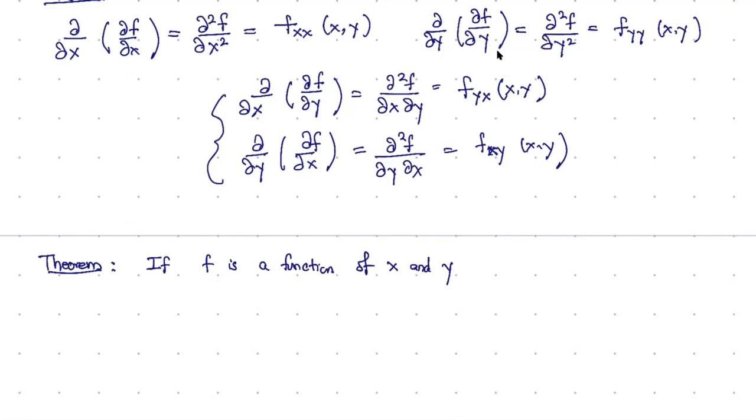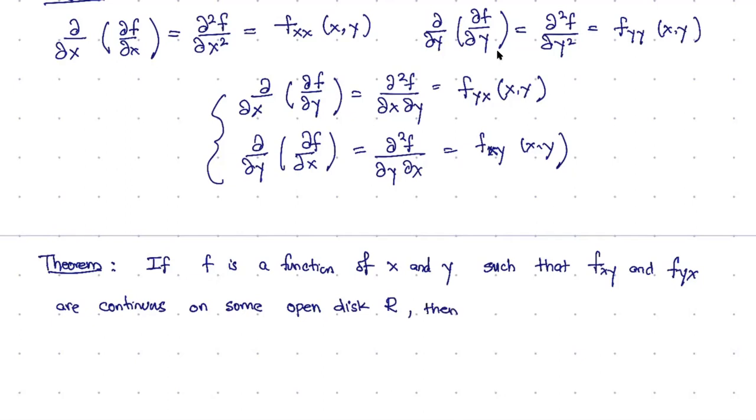So if f is a function of x and y, such that fxy and fyx are continuous on some open disk R, or open ball, then for any xy in the open ball, you should find that the second partial with respect to x and y is going to be the same no matter which order you take the derivative.